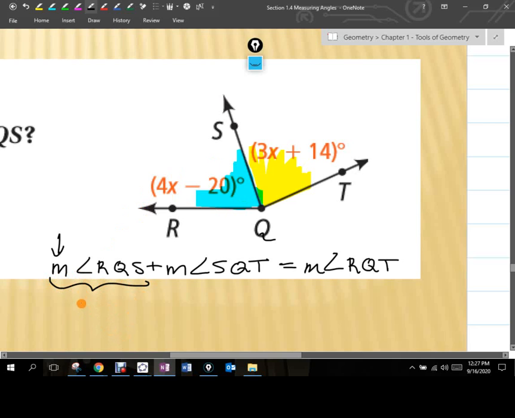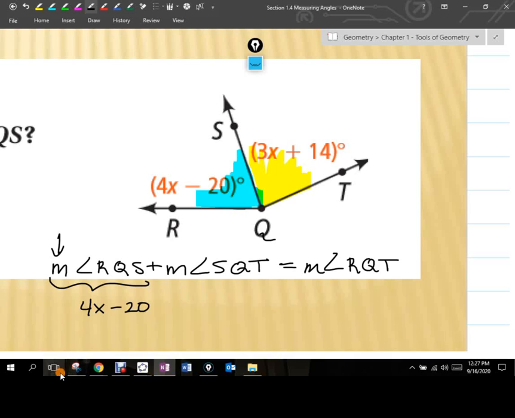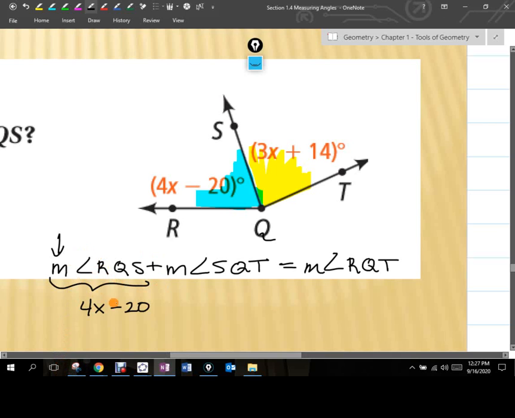It's unknown, but I can replace RQS's measurement with 4x minus 20. SQT's measurement is 3x plus 14, so that plus sign needs to stay. And now I need RQT's measurement.